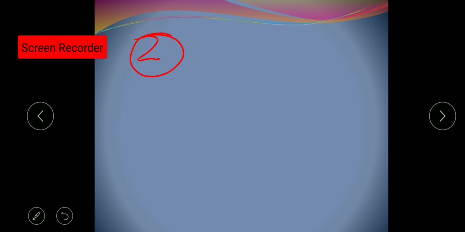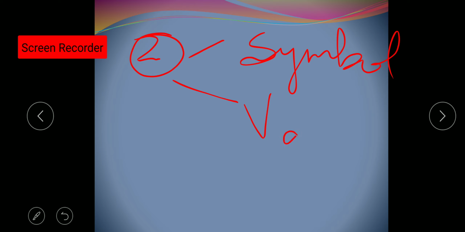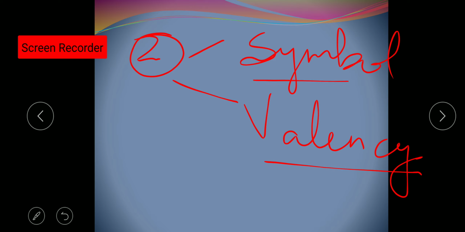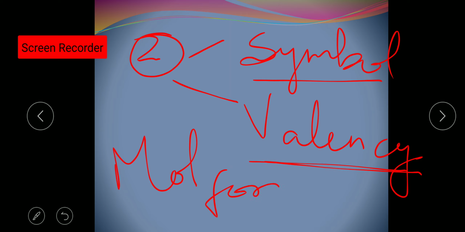The first requirement is the symbol of the element, and the second requirement is the valency of the element. Already in the previous class we have seen the valency.